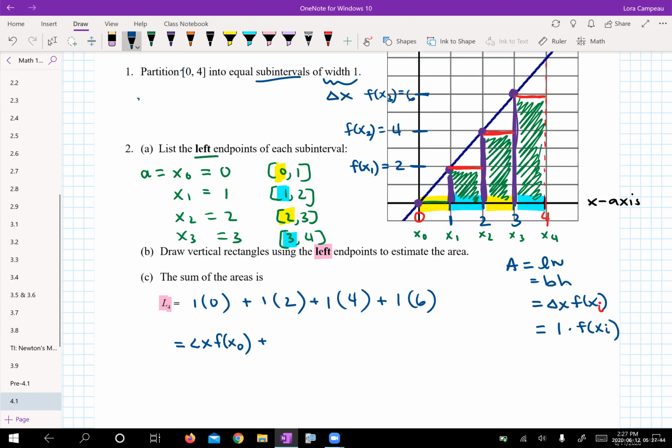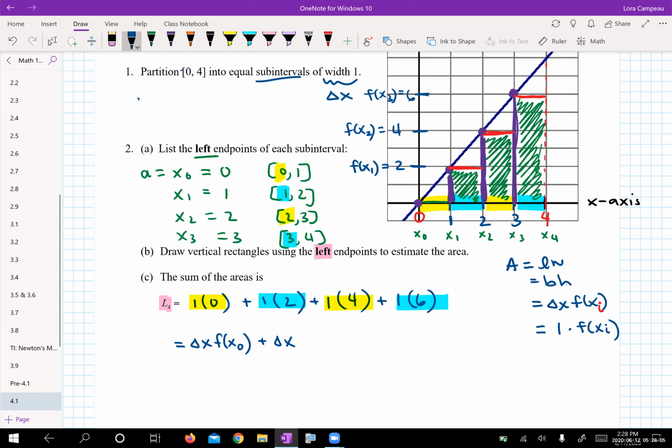Sometimes being left-handed is a disadvantage when you're dealing with these. You will notice weird things pop up. I am looking at the second rectangle, and I'll highlight where I'm alternating. How am I getting that height of 2?